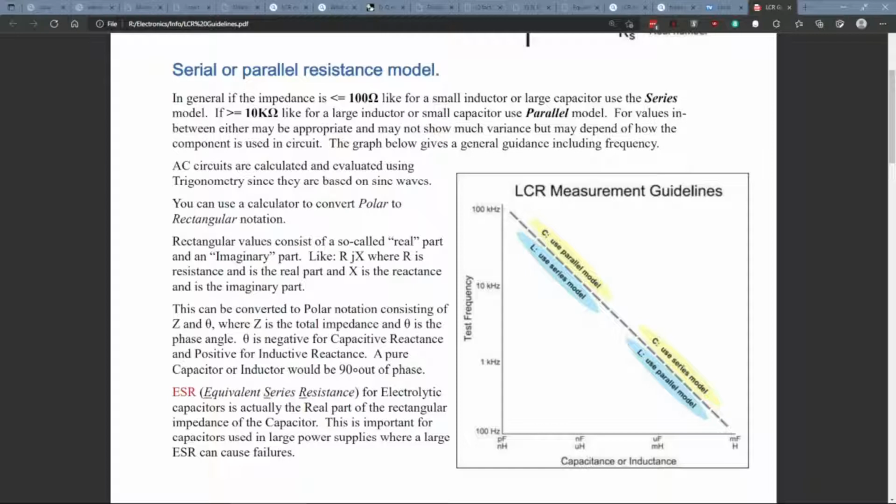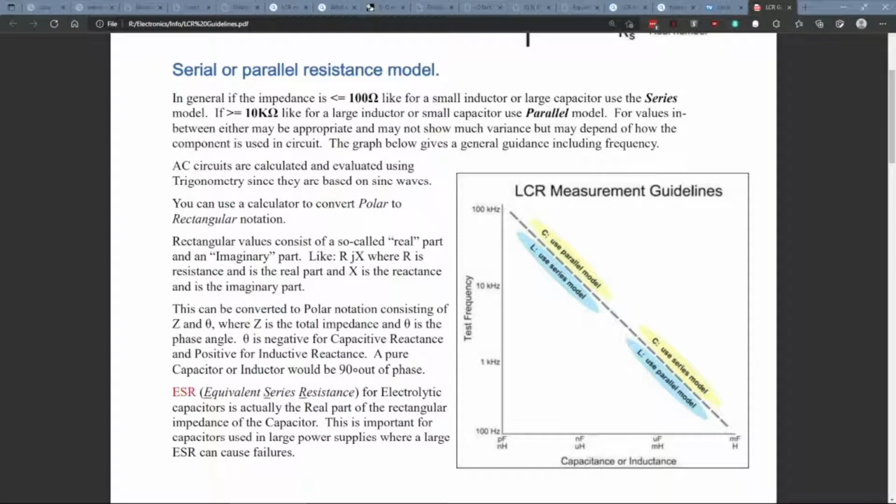If the impedance or the reactance of a component is less than or equal to 100 ohms, and this would be true for a small inductor or large capacitors, then use the series model. If you calculate the impedance or the reactance of the component to be larger than or equal to 10k ohms, this would be true for a large inductor or a small capacitor, then you would use parallel mode.